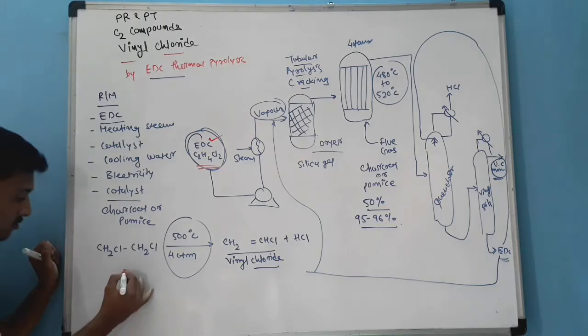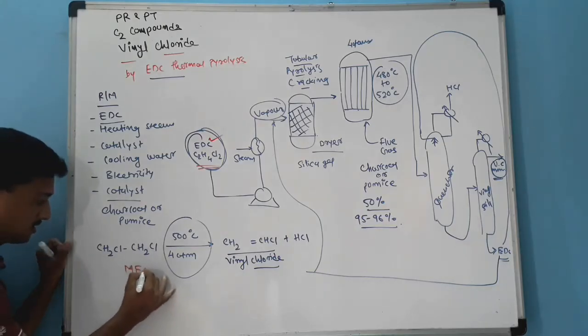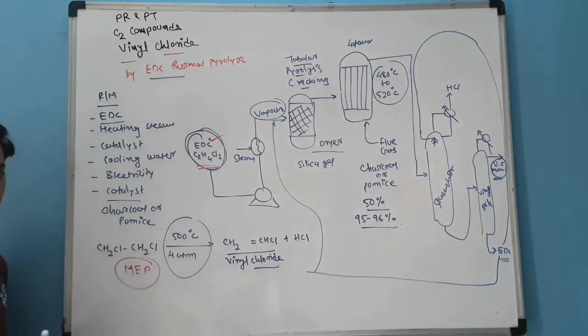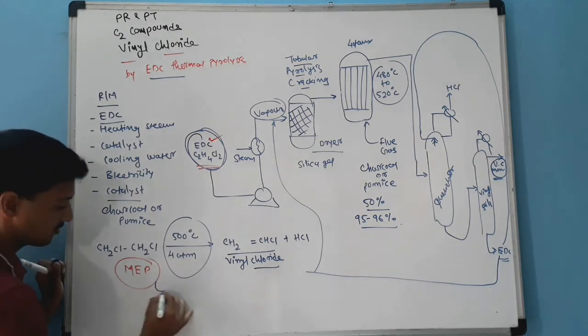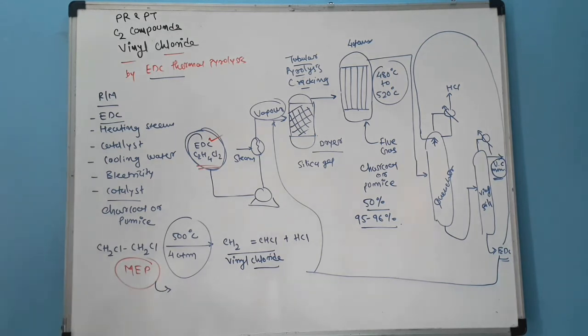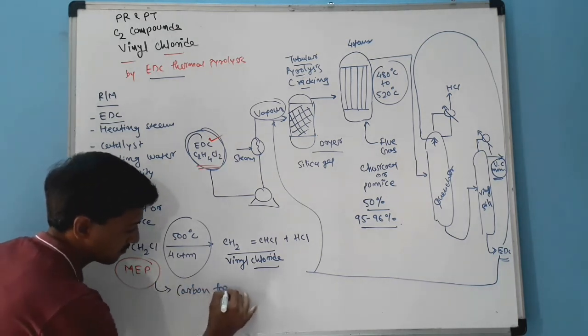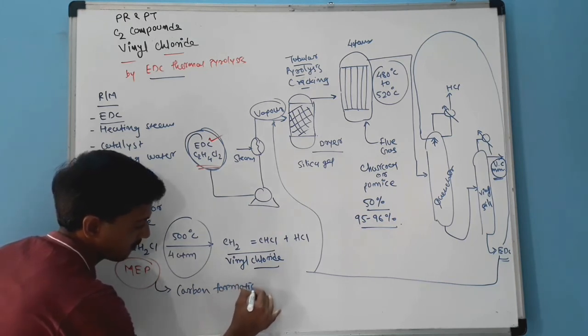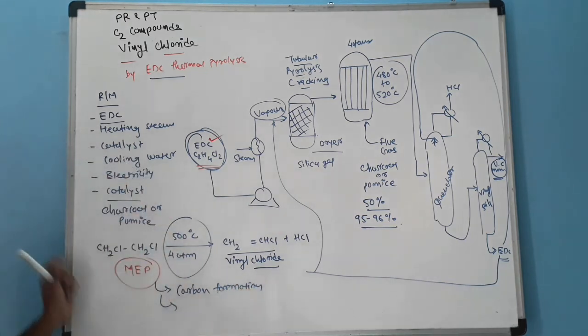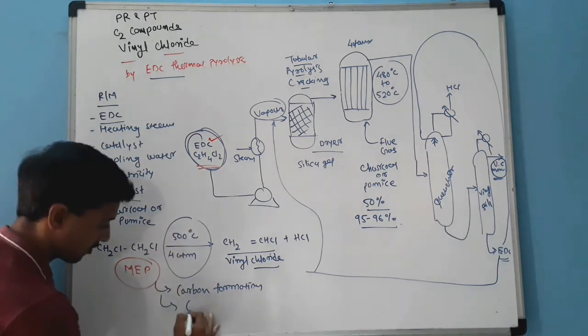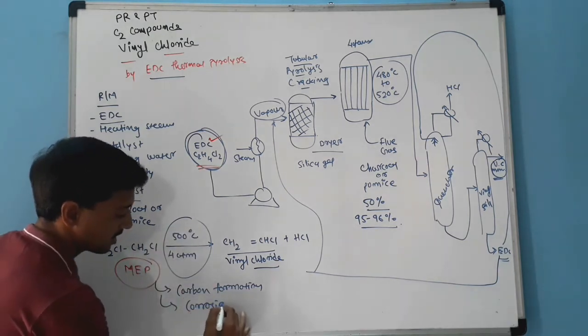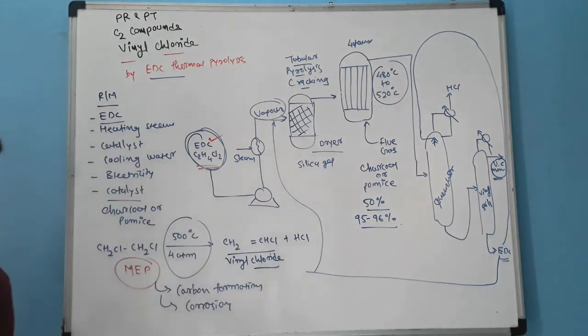Now, the major engineering problems. First, the conversion per pass is 50%, so there will be carbon formation. Second is the corrosion problem, because HCl is corrosive in nature.